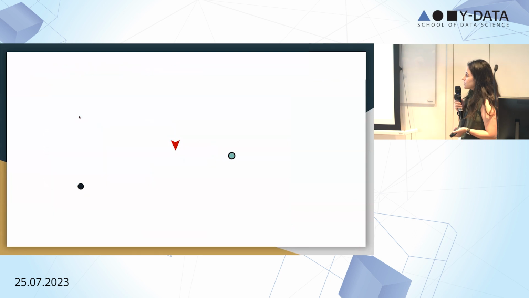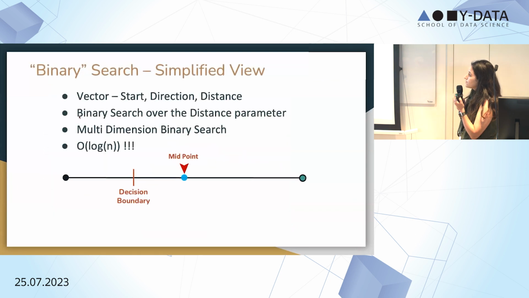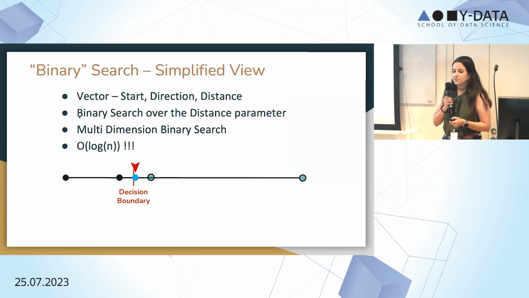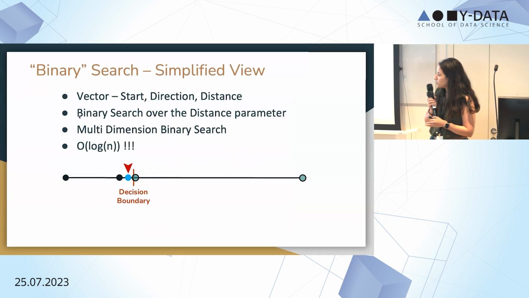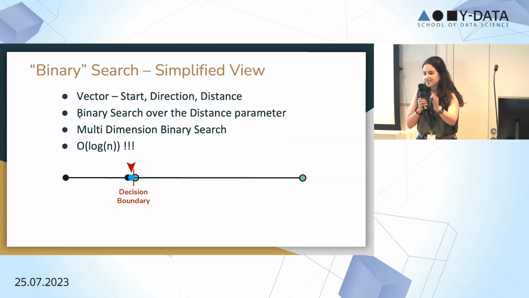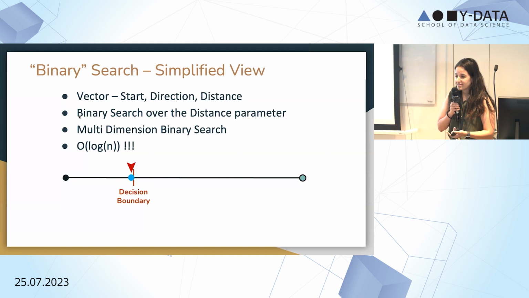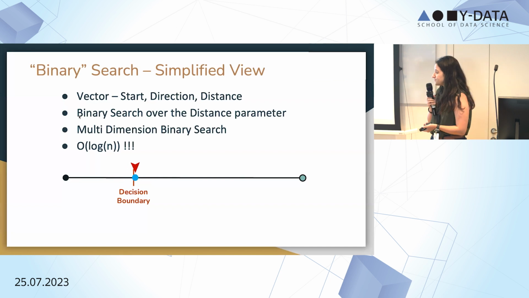Using binary search, which is a very, very, very fast and simple algorithm, we could achieve our desired output. We could go to the other side of the decision boundary, yet keep the distance minimal and make it feasible and realistic.